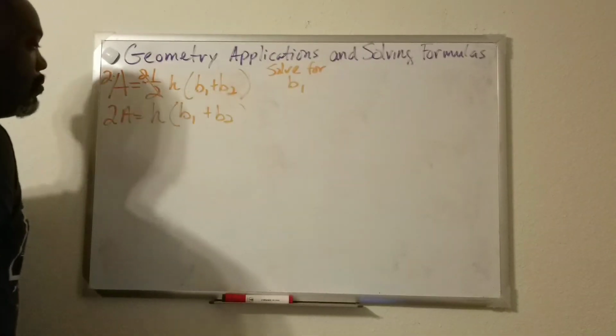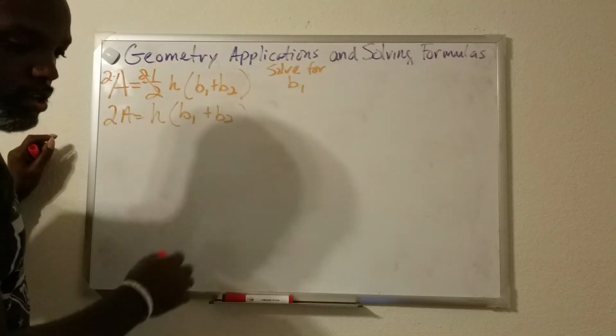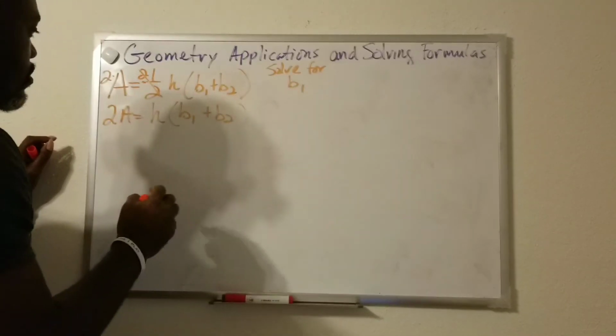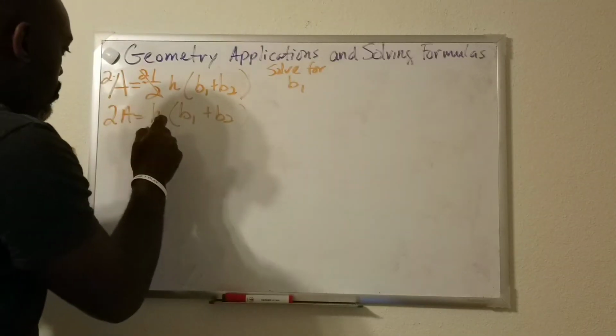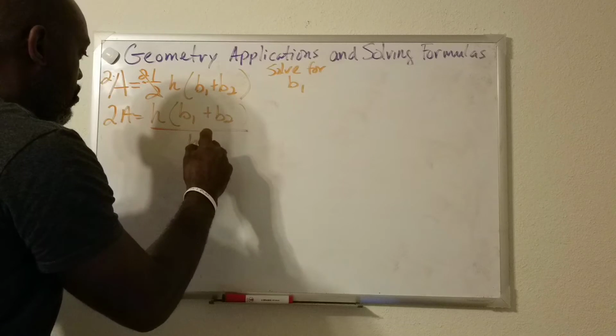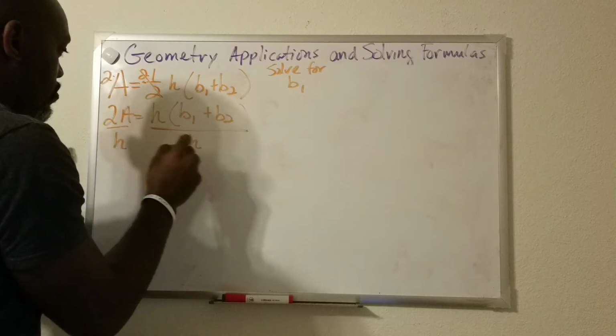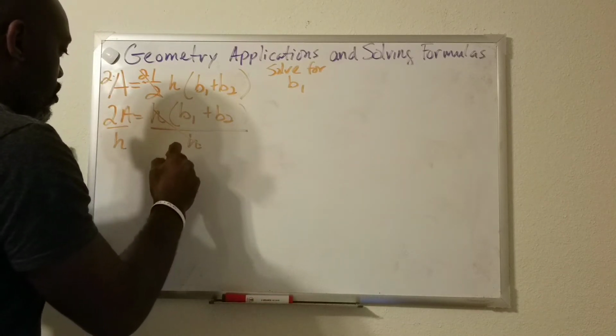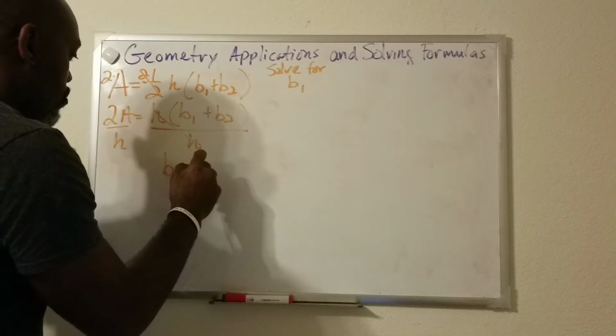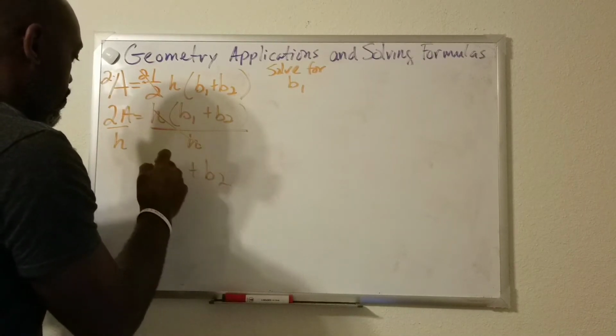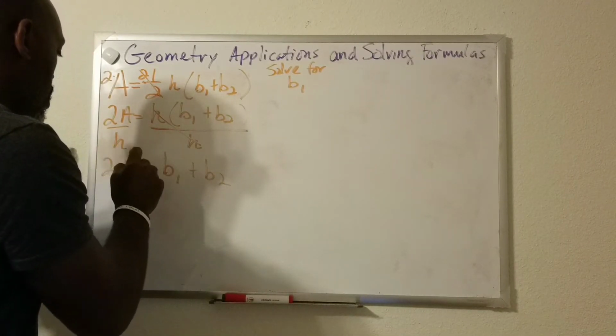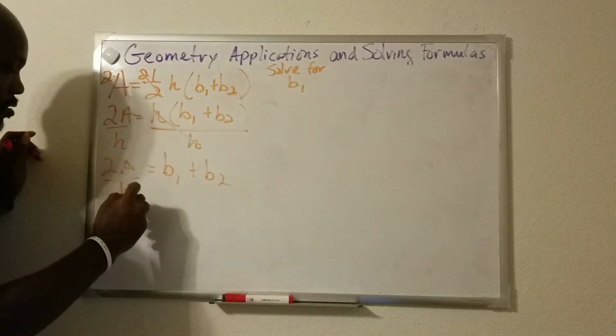All right. So you could distribute, but there would be no need to. We'll divide both sides by h. Reduces out. We end up with base 1 plus base 2 equals 2a over h.